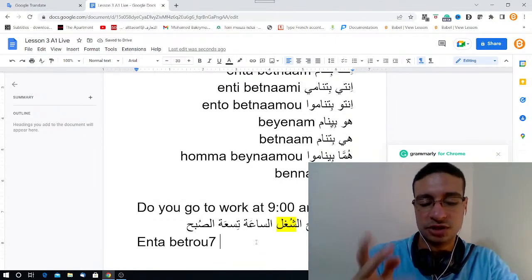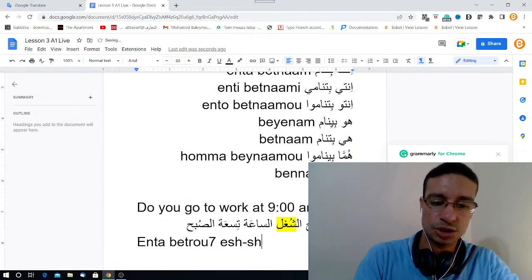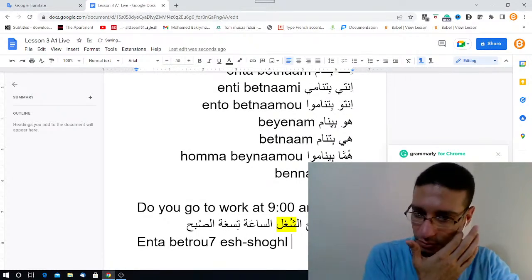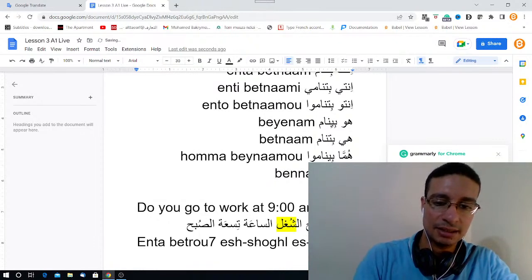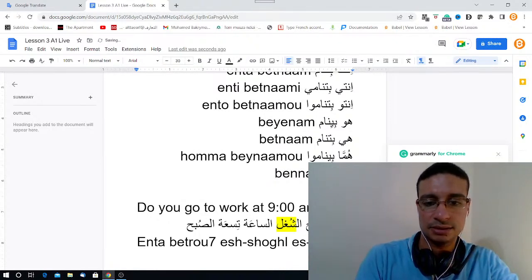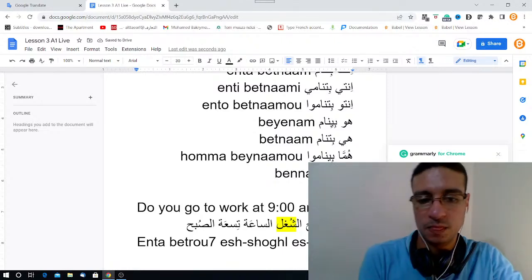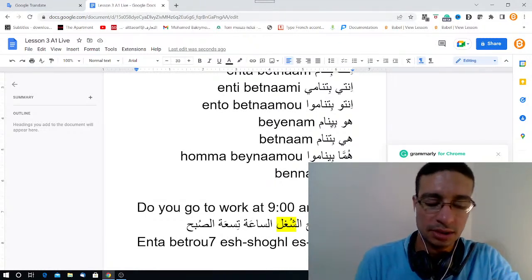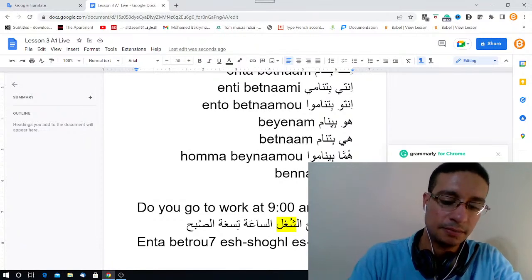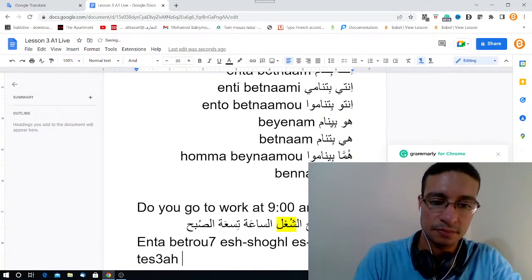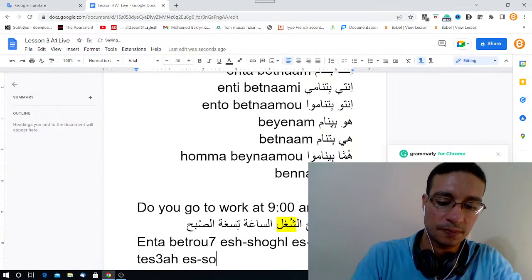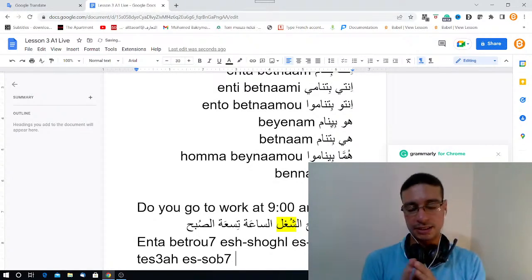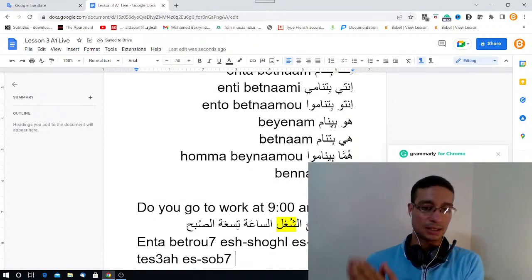When there is a sh after L, most often it's pronounced like الشغل. الساعة, ساعة means hour, so الساعة, the hour. 9 is 9. الصبح is in the morning. انت بتروح الشغل الساعة 9 الصبح. Do you go to work at 9 a.m.?